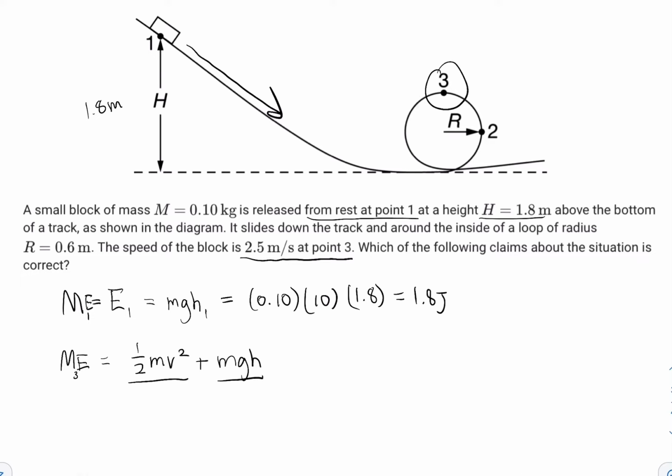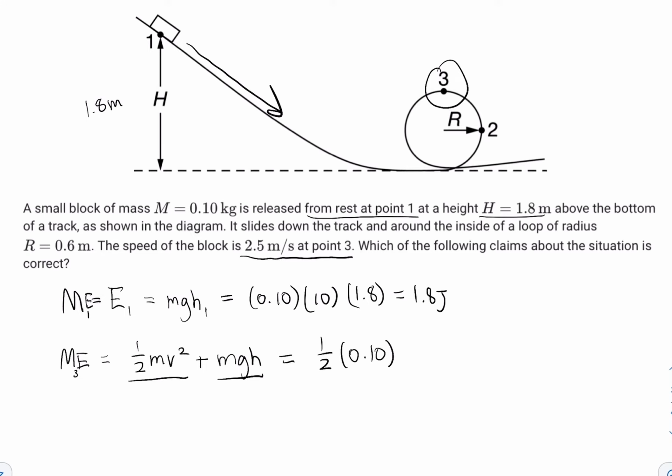So solving this, we'll get 1/2 times 0.1 times 2.5 squared, plus m, 0.1, we'll use 10 for gravity again, and the height at point 3, which is 2r, because the radius is 0.6 meters.